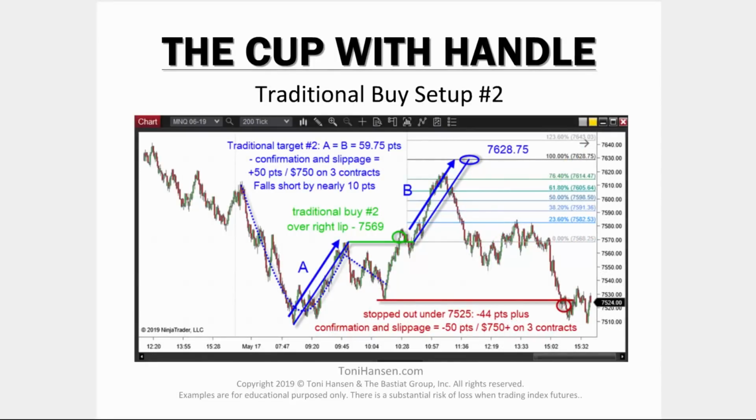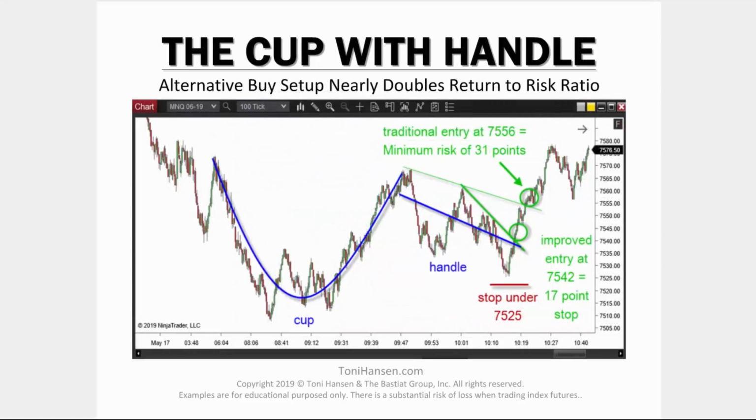Here is how this looks when you look at the MNQ. Again, pretty big difference compared to what you're expecting versus what you're risking, but it's still a pretty sizable amount. When we go forward, though, I want you guys to look at this a little bit differently. Most of these handles are going to have a two-wave correction.